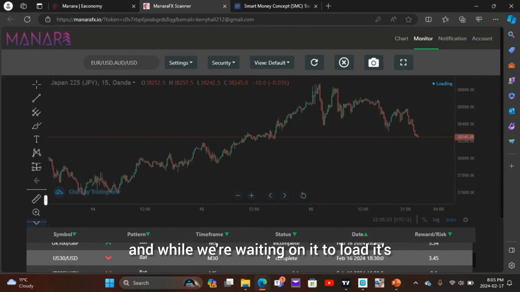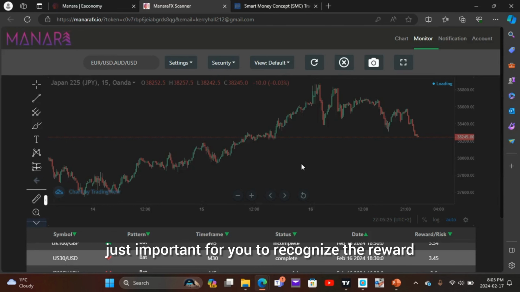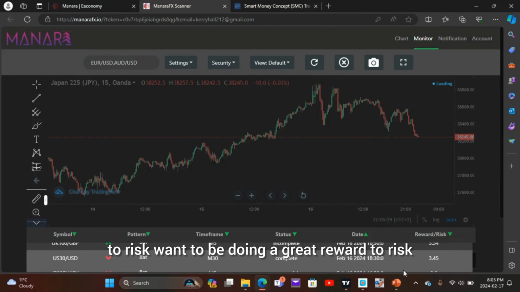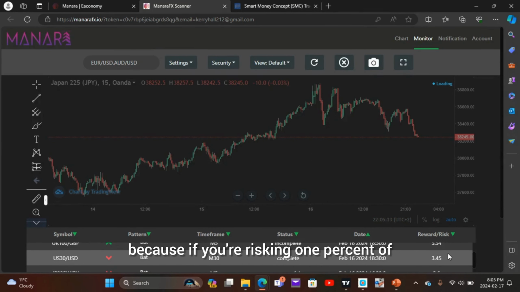And while we're waiting on it to load, it's just important for you to recognize the reward to risk. You want to be doing a great reward to risk, because if you're risking 1% of your money, you should at least try to earn 3 to 4%, or even 5. That is even better. But do not risk 1% to make 1%.